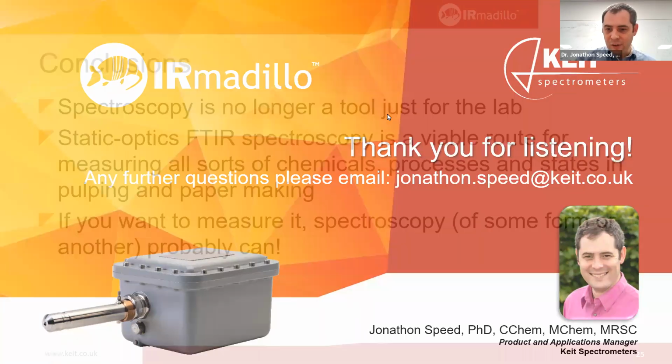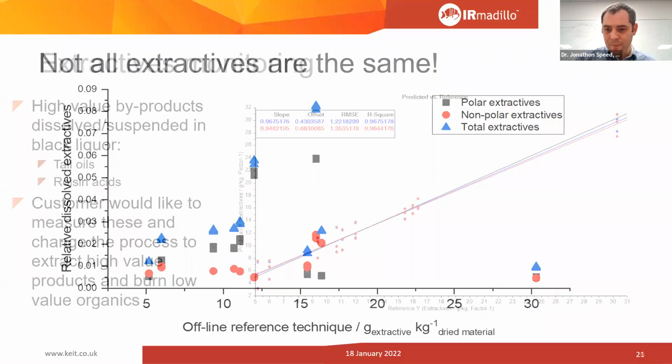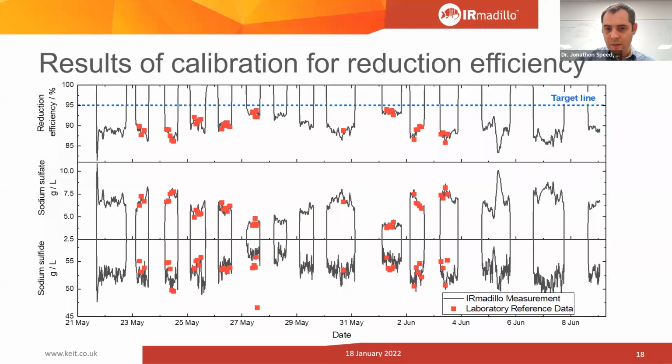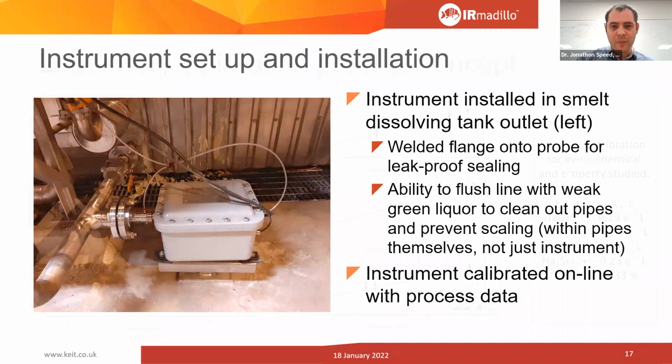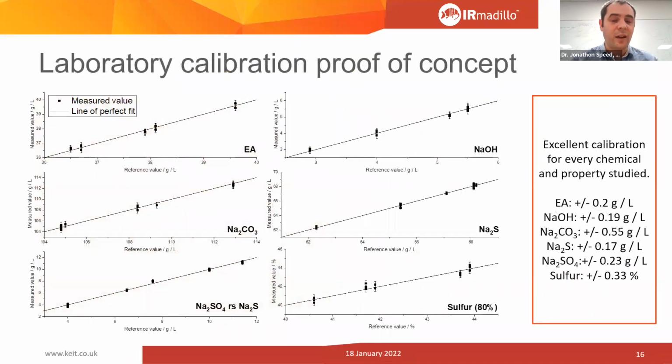So I'm just going to go back to slide 17 to make sure that we're all looking at the same one. I think it was probably around about here. So yes, is the answer. This is the beauty of ATR, in that it doesn't really care about the solids. So pulp is not a problem.